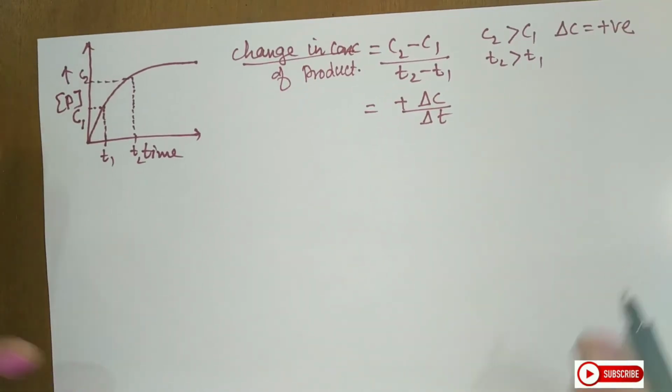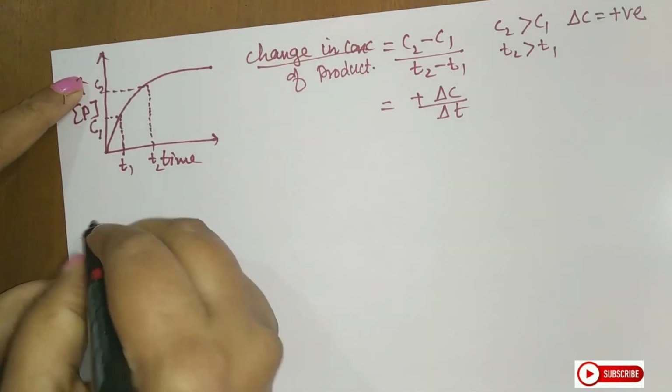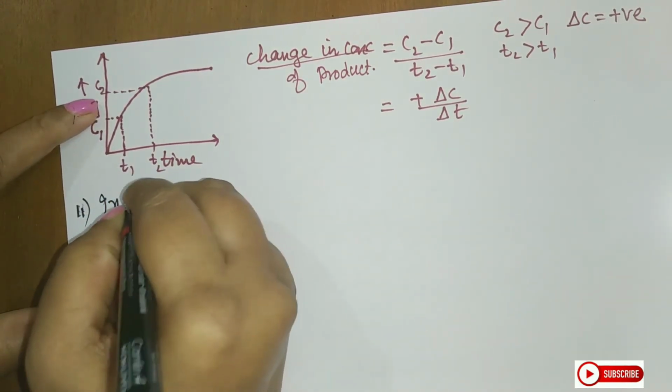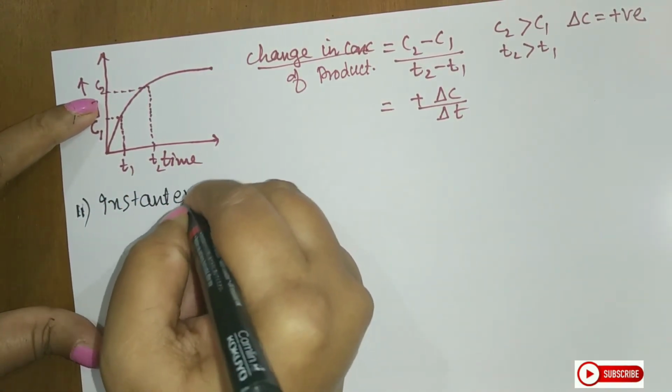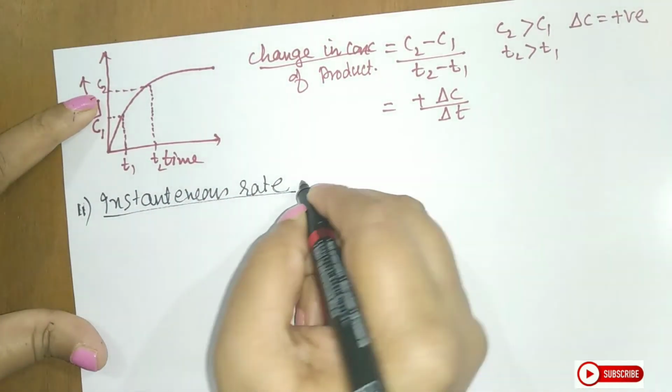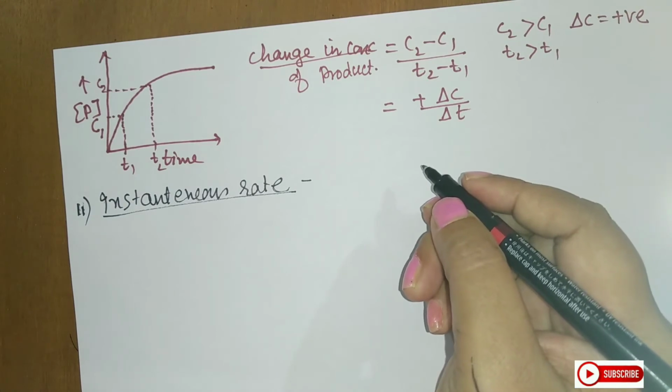Let us go on to the second type of the rate, and that is instantaneous rate. Now, what is that instantaneous rate? Let us see that. The second type of the rate is instantaneous rate.